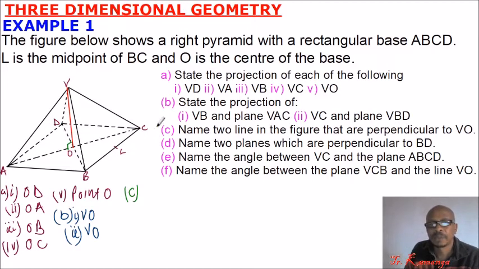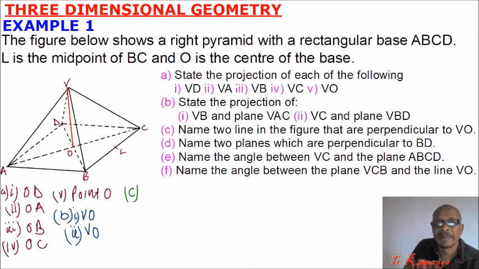We have AC is perpendicular to VO. We have BD is also perpendicular to VO, and any other line that is on the plane ABCD.